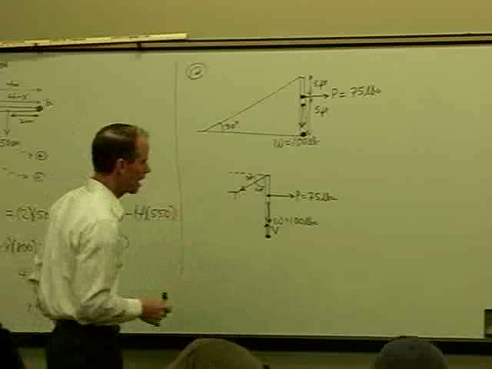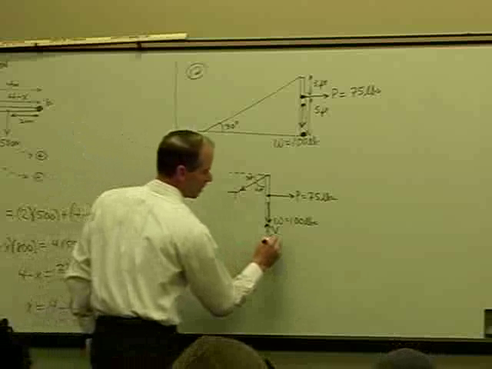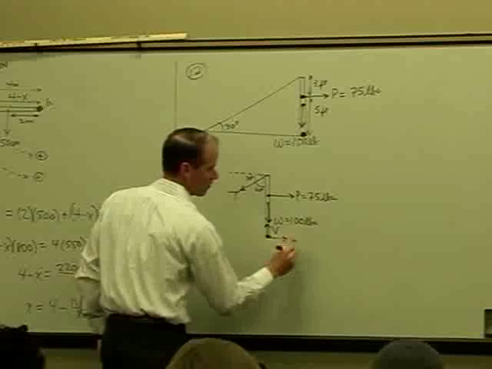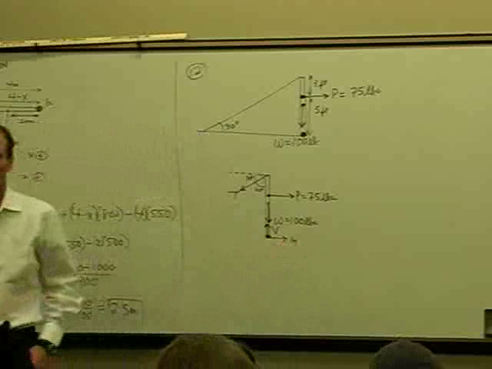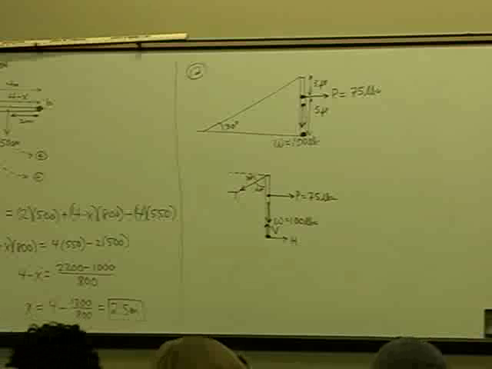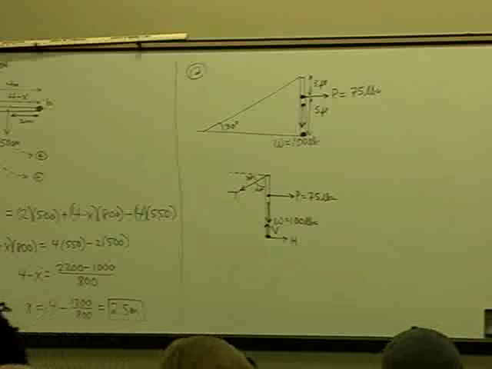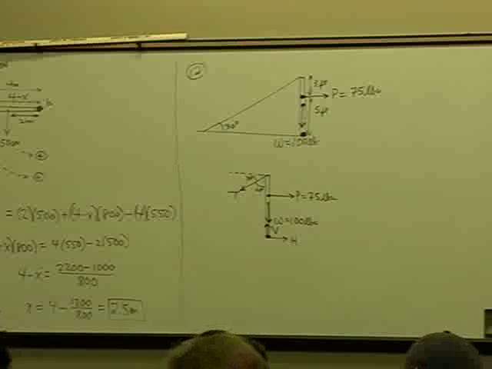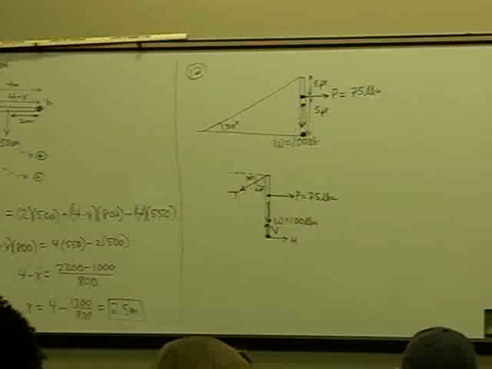So, for lack of a better reason, I'll just put the horizontal force to the right like that. And if I ever try to calculate what that horizontal force is, if I came up with a negative answer, all that would mean is that I assumed the wrong direction. It actually was the same magnitude force.